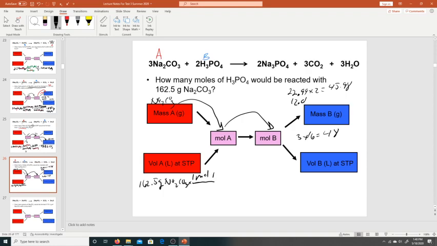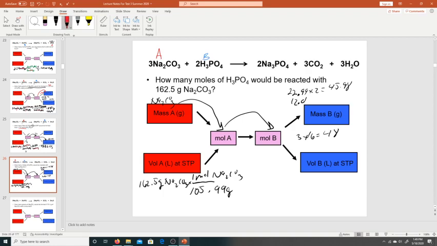So 1 mole Na2CO3, notice grams on top means grams go on the bottom, 105.99 grams.